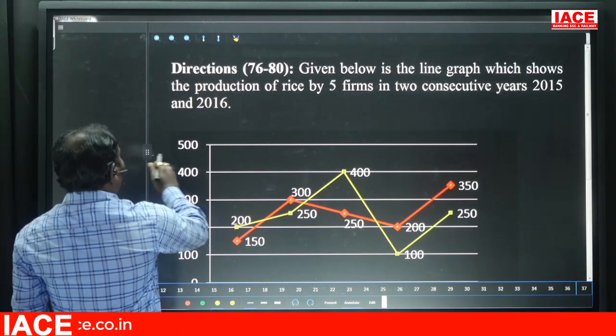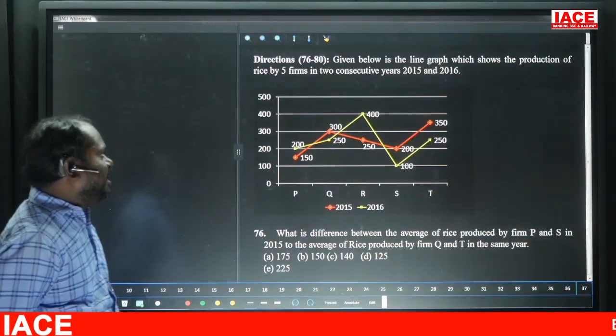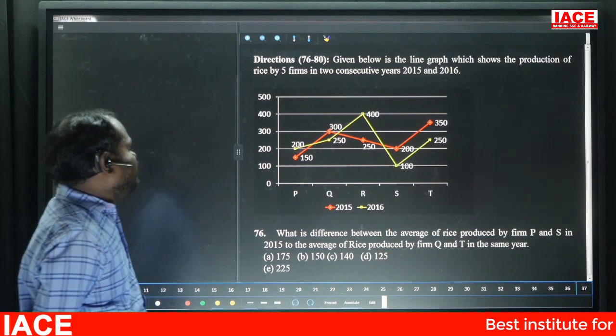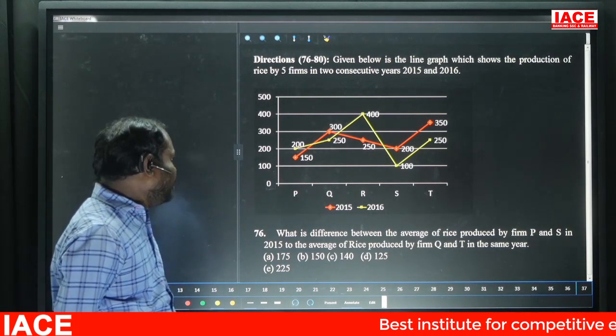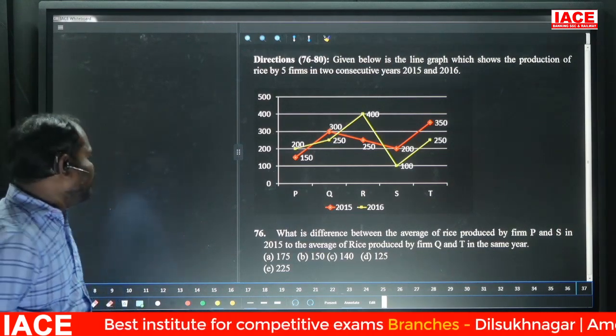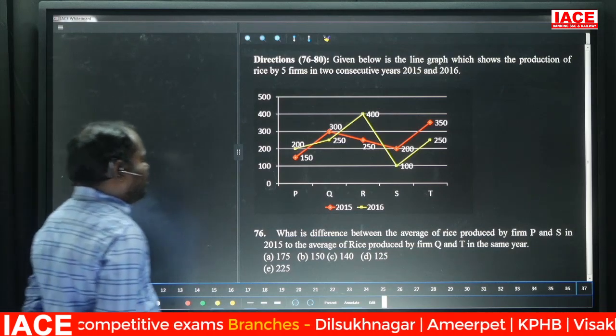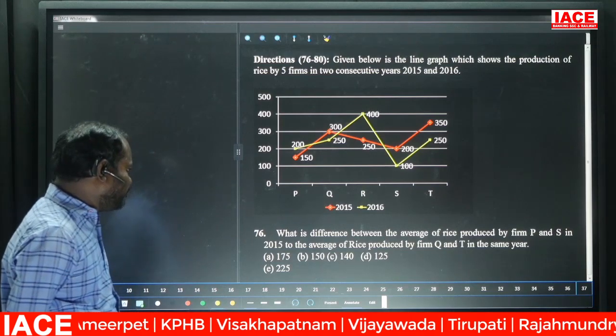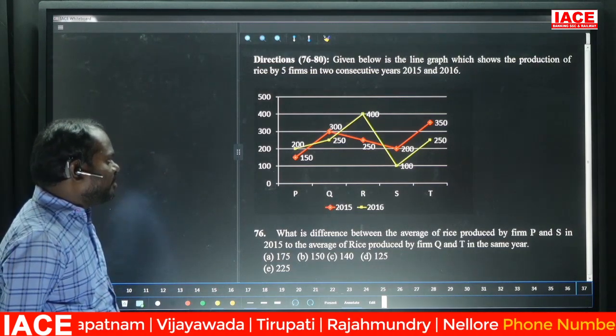Next, questions 76 to 80. Given below is the line graph which shows the production of rice by 5 firms in 2 consecutive years, 2015 and 16. Rice production 2015 is indicated in red color, 2016 in yellow color. What is the difference between the average of rice production of firms P and S in 2015 and the average of rice production of Q and T in the same year?